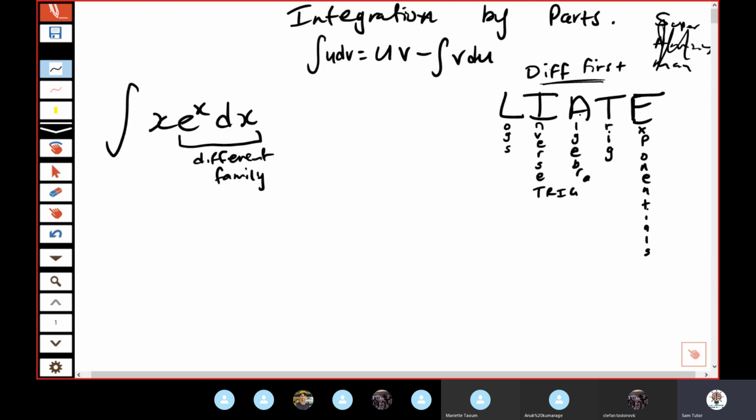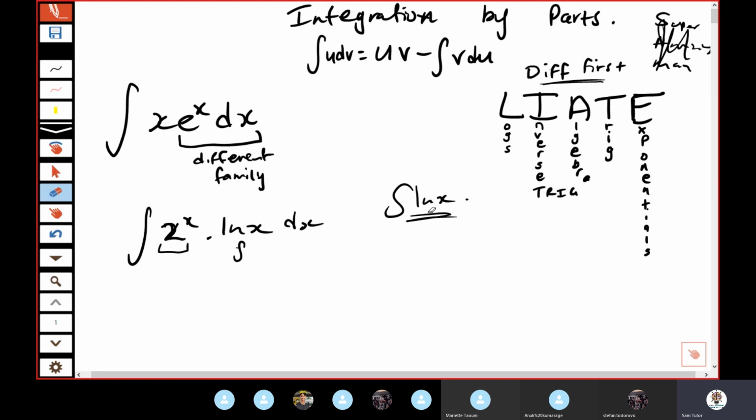And the reason why that's important is because if I had a log with an exponential, so let's say if I had 2 to the power of x multiplied by ln x, and you're trying to pick out what to differentiate, and you said, oh, I'm going to differentiate this guy and then I'll integrate this guy. Well, the integral of a log, just so you know, is integration by parts anyways. You can't integrate log, if you guys remember that.